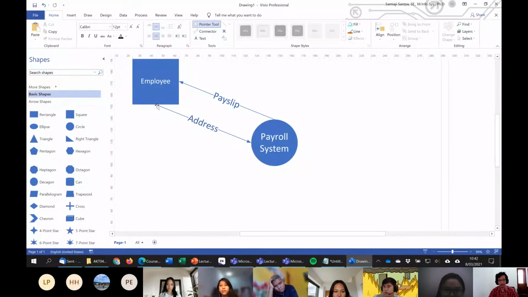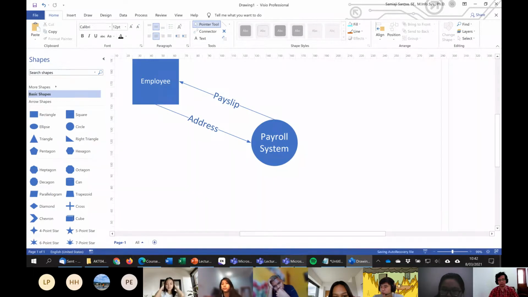Employees need to submit to the system not just the address but other information, like my attendance, my proof of work, and my status, for example, because usually married and single employees have different benefits, and so on.